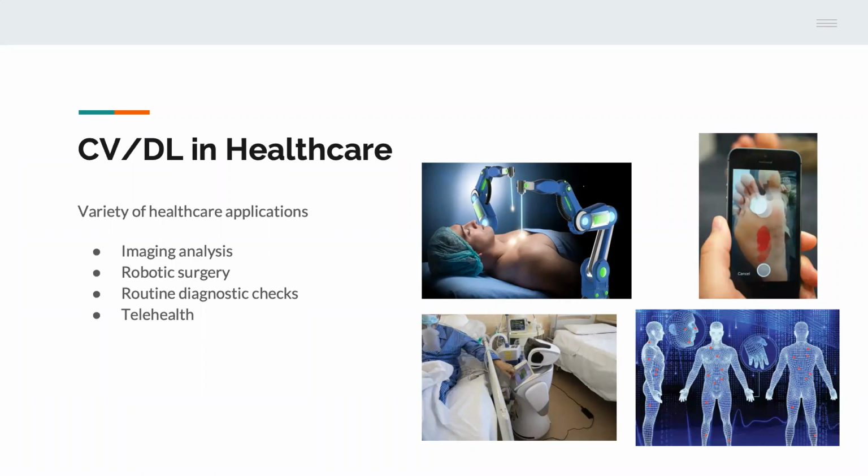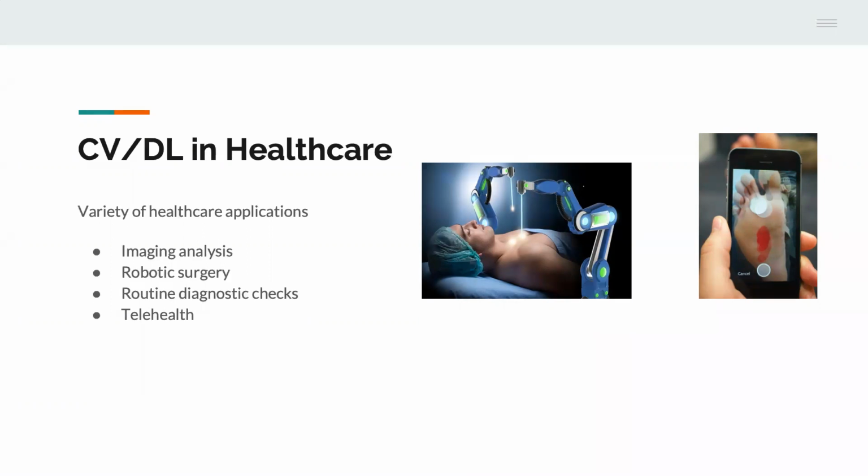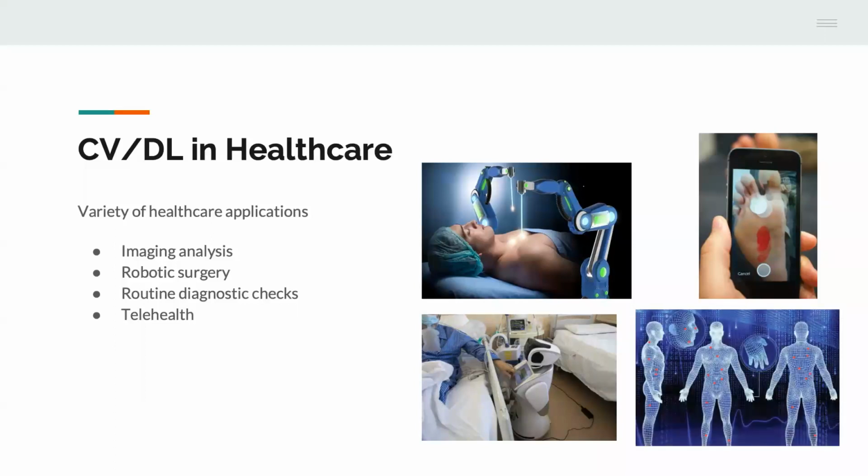4 or 5 main application domains that I picked where computer vision and deep learning is being actively utilized, gaining ground and actually being pretty successful. Not to say that there are not definitely many other domains. There are public monitoring, surveillance, home surveillance, and many different safety surveillance related applications.